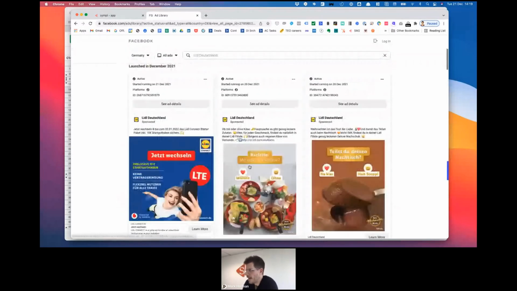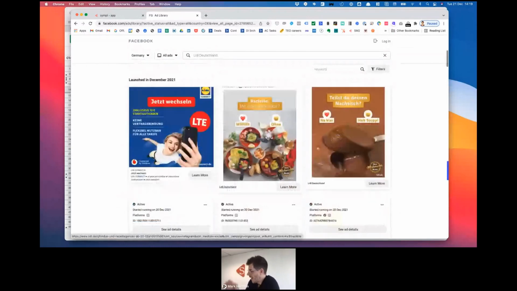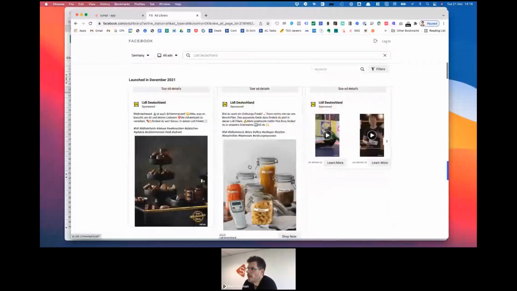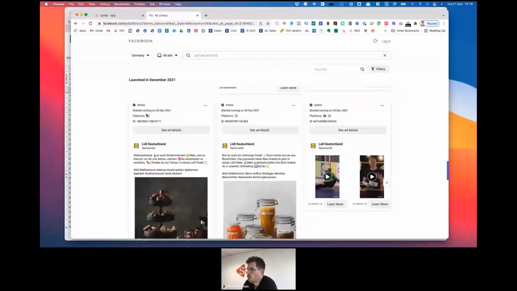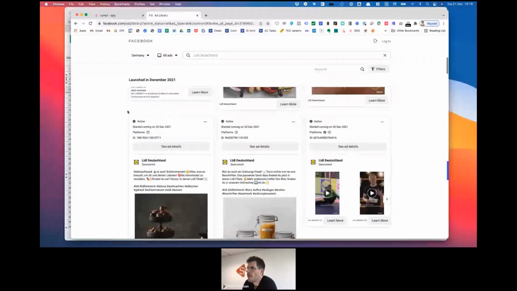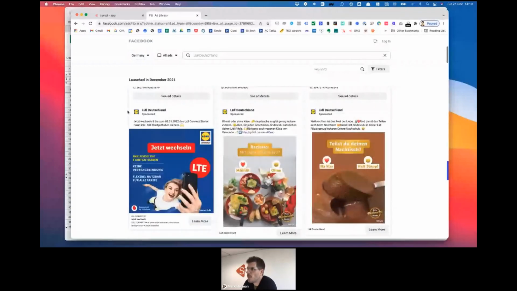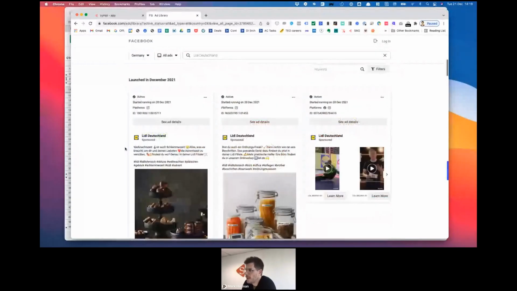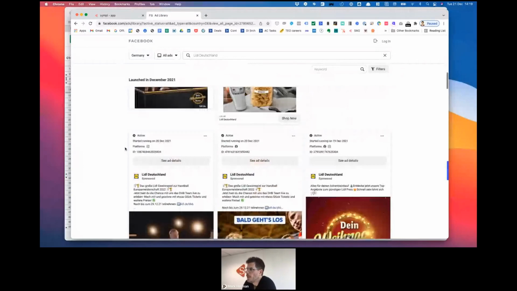So here you can see all the ads that Lidl is running at this moment in Germany. You can actually see on what platforms. For instance, they're only showing this one on Instagram. This one they're showing only on Facebook. So you actually get a lot of data on how their visuals look.